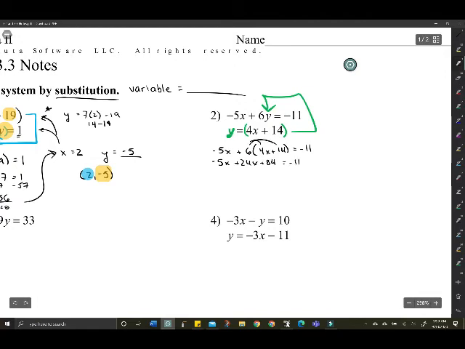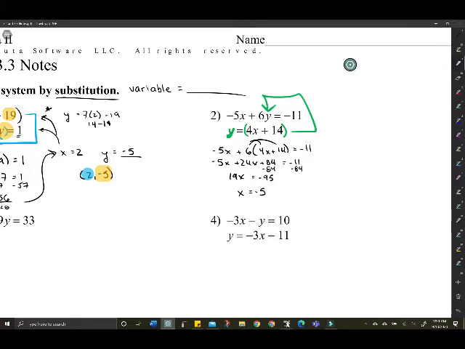And shake and bake, 19x. Subtract the 84. Negative 11 minus 84. Going too quick, of course, you can always rewind to go slower. But hopefully this step is all pretty trivial. So x is negative 5.